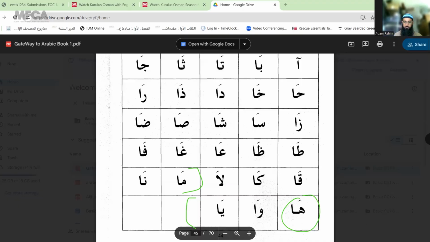Ha, Aleph Mad, Ha. Very good. Brother Hussein? Wa, alif mad, Wa. Very good. And lastly, Sister Melissa? Ya, Aleph, Mad, Ya. Very good. Ahsanti.